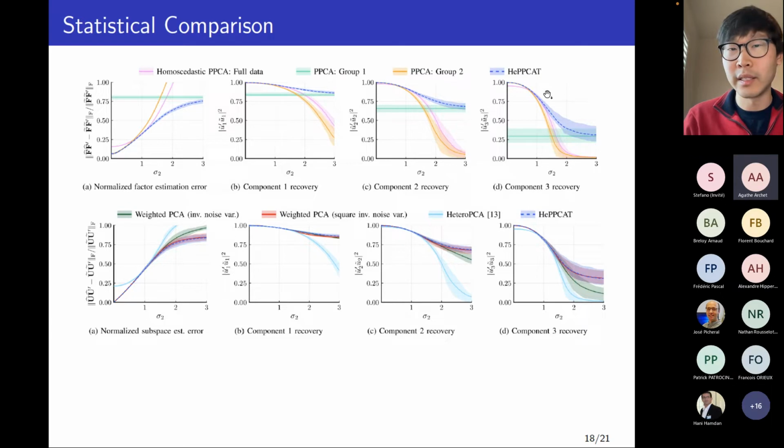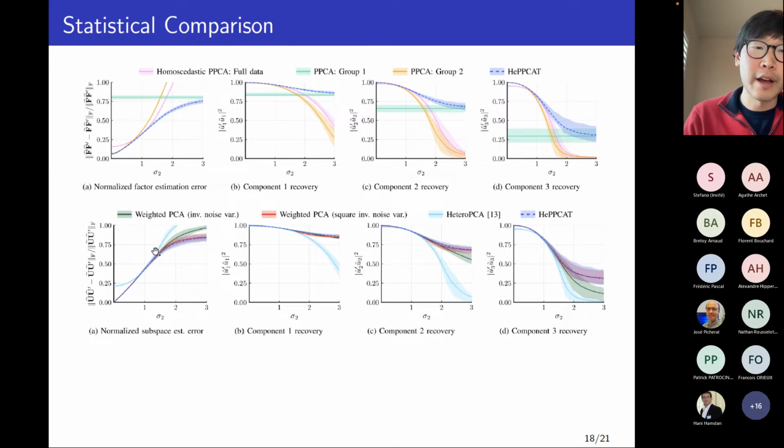Here, I'm looking at the recovery of the eigenvectors of the factor matrix, of the factor covariance, and it's the same phenomenon you see here. Okay, and then this bottom set of plots is comparing HePPCAT with weighted PCA variants or some other variants that are tailored more towards trying to do something for the heterogeneous noise.